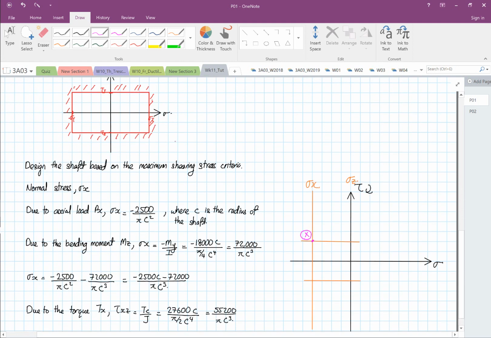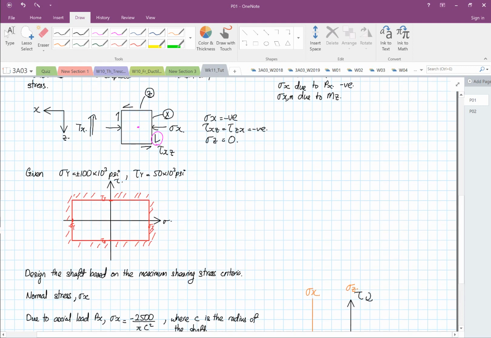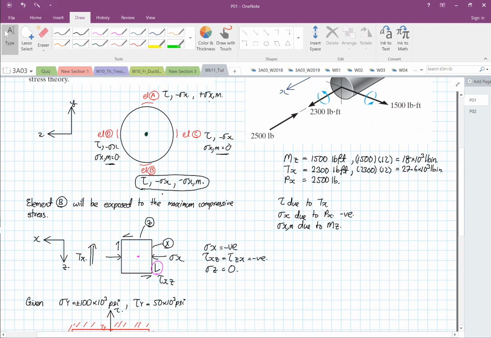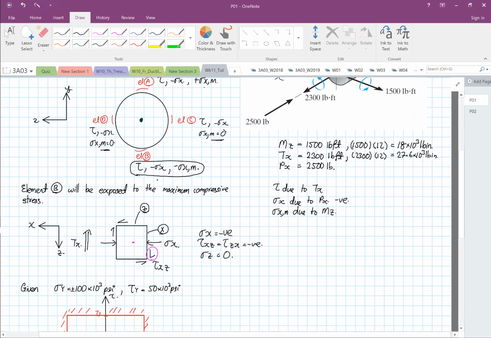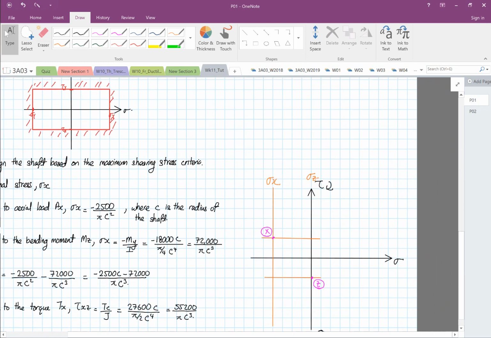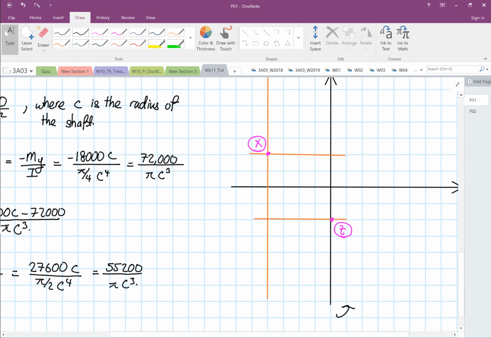So this is our anti-clockwise Z. Okay, so that's our Z, 0, and it's going anti-clockwise, which is correct. So we can more or less sketch our Mohr circle now.